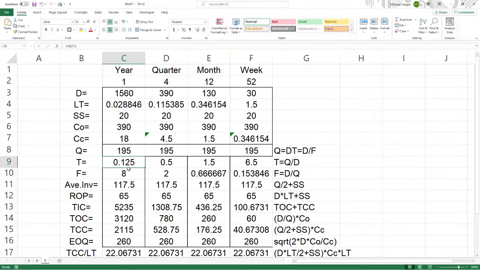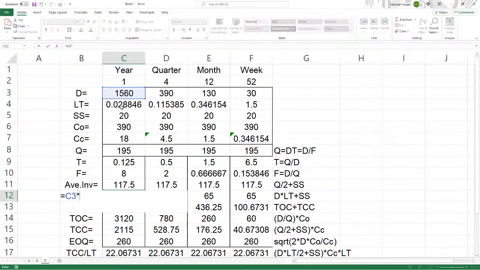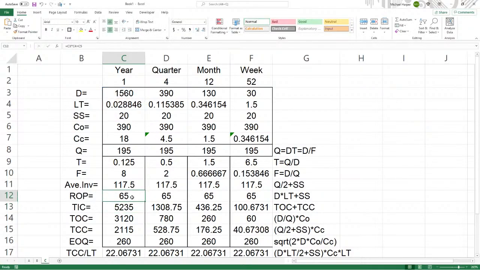Now this is equal to the reciprocal, 1 over F, which is T, and copy that over. There they are. So these we're going to need, and then ROP. Where's ROP? Here it is. Okay, and that equals demand times lead time plus safety stock, at 65.